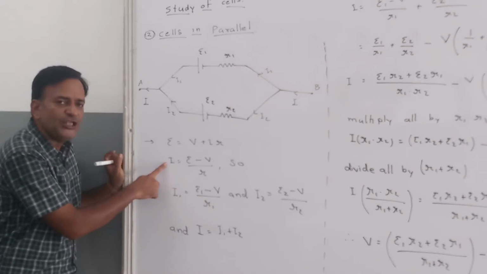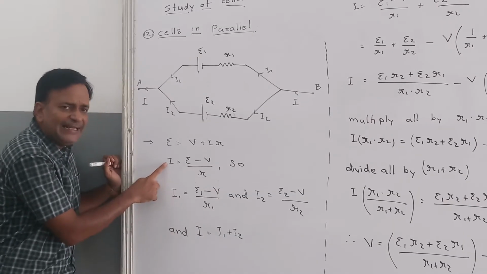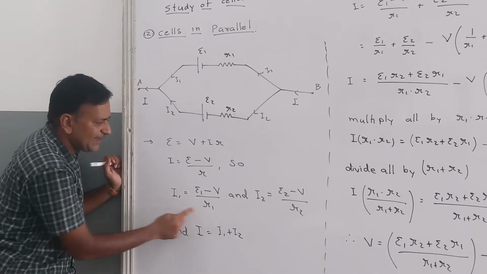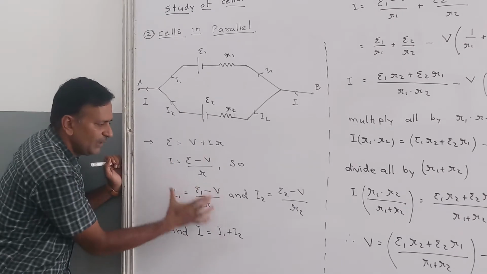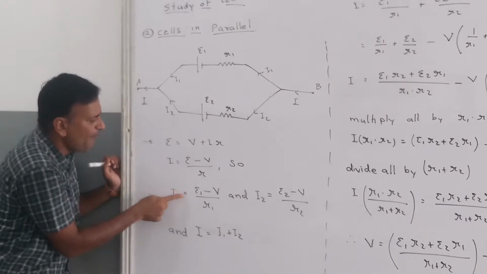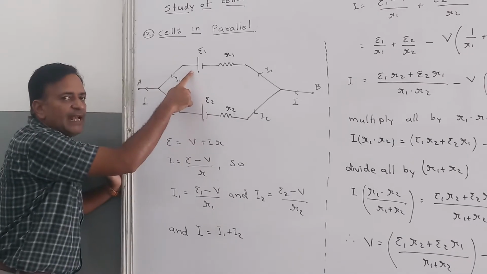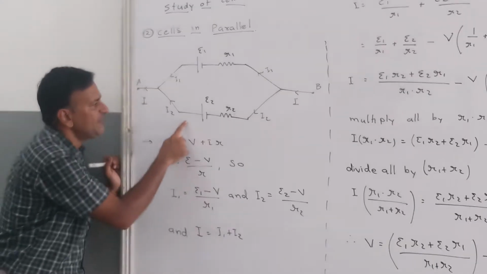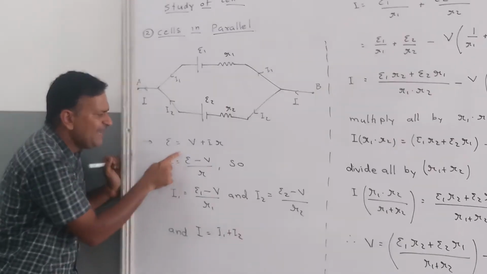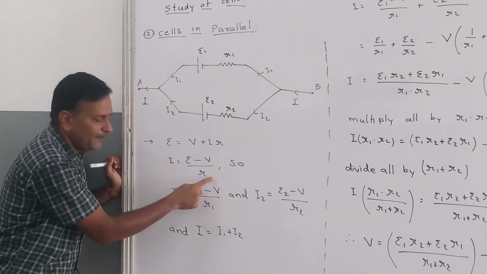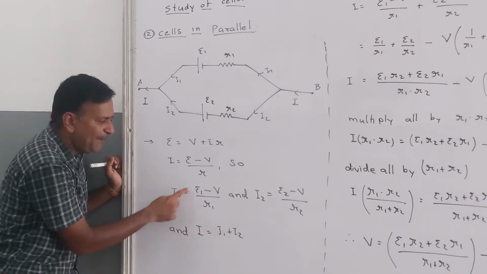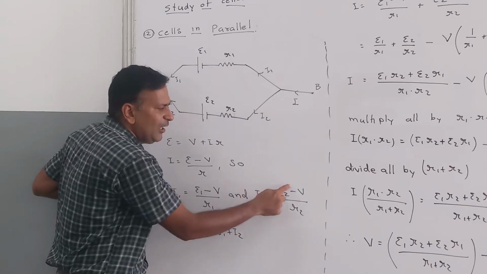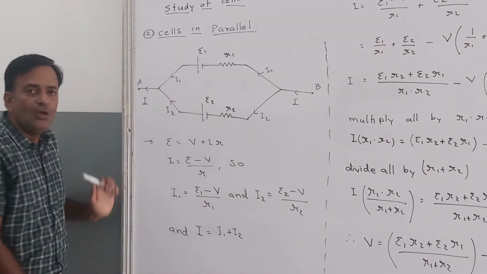And from this equation, I am writing the same equation for cell 1, and the same equation is copied for cell number 2. I is equal to epsilon minus V by R. So I1 is equal to epsilon 1 minus V by R1, and I2 is equal to epsilon 2 minus V by R2.